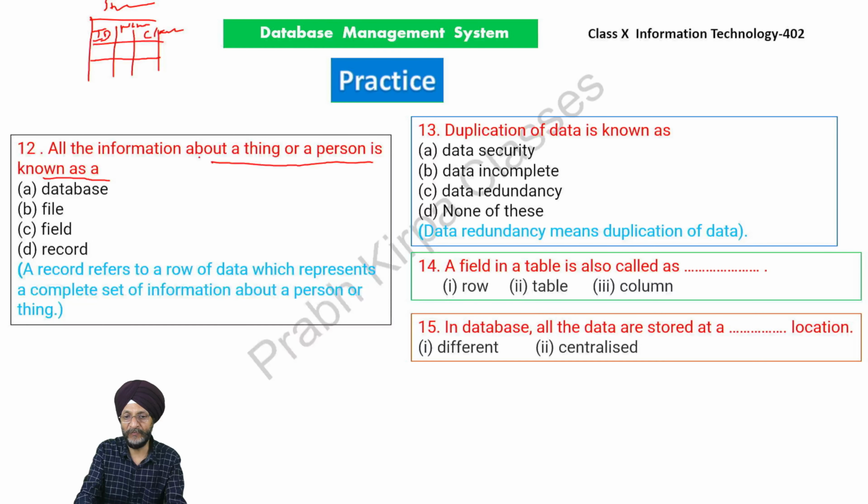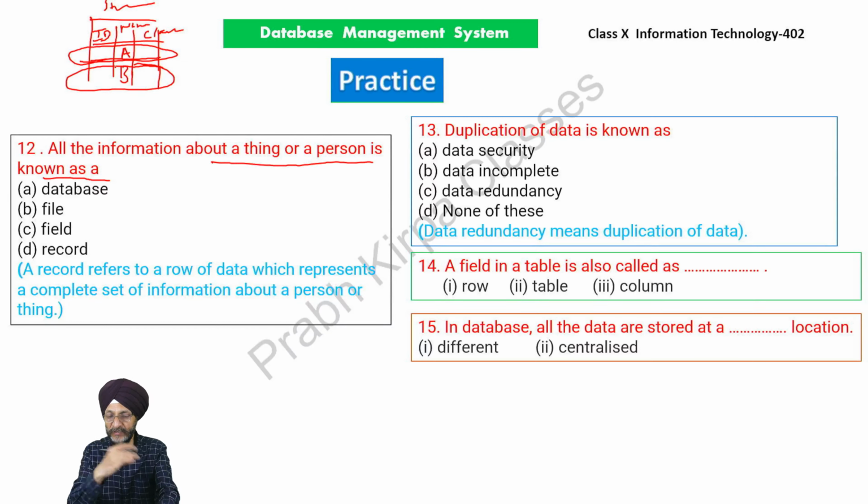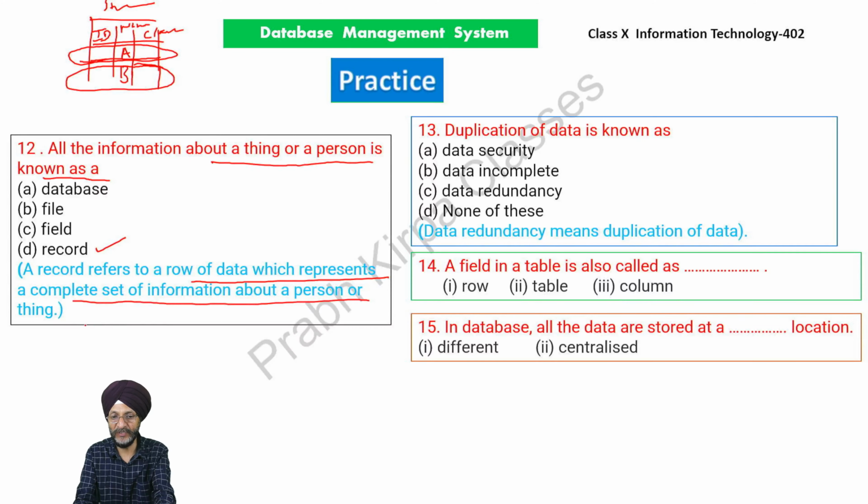Suppose this is A person, this is B person. All the information in respect of A is mentioned in a particular row. All the information in respect of B is mentioned in the next row. So what is called a row is called a record. A record refers to a row of data which represents a complete set of information about a person or thing.